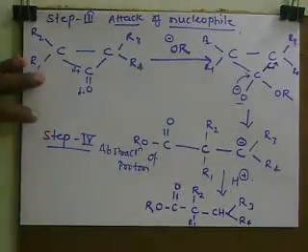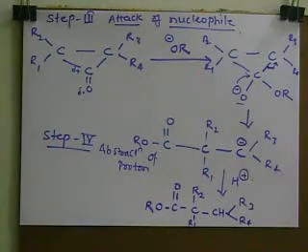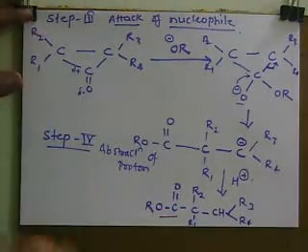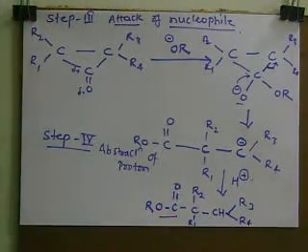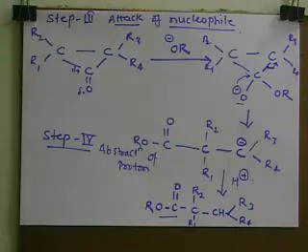So this is what will form after abstraction of a proton. So there is formation of an ester, which is a derivative of carboxylic acid. So this is the mechanism of this rearrangement, the Favorskii rearrangement.